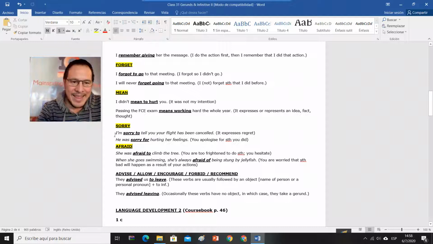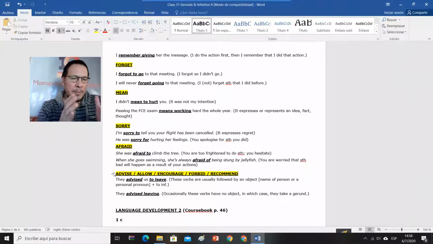And then the last case, which is not completely the difference in meaning, but the difference in structure according to a word that can be or not. Verbs like advise, verbs like allow, encourage, forbid, and recommend.